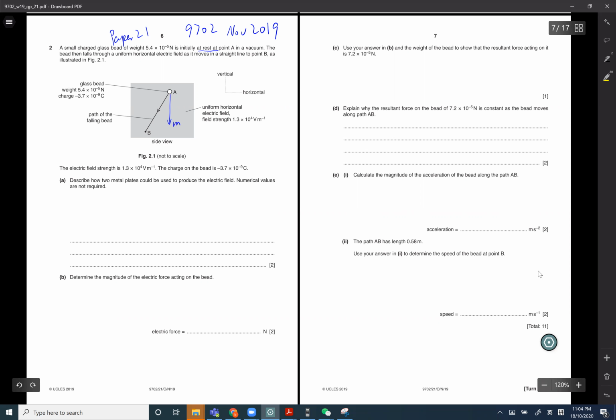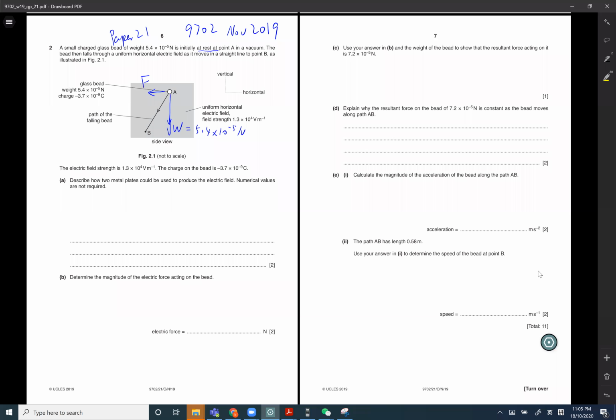What they told you, just wait. It's 5.4 times 10 to the power -5 Newton. To make a resultant force in the diagonal direction, we need another force to the left.